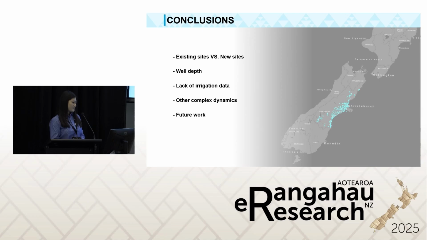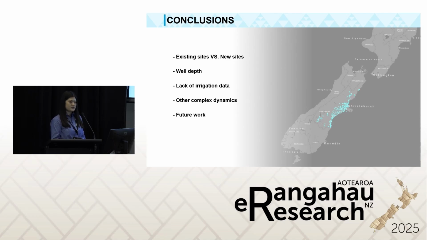And I faced some challenges in this project. For example, we have a mixture of well depths, which means it is challenging to accurately define a capture area for all the wells. There are also additional features that can have an influence on groundwater but were not included, such as irrigation.